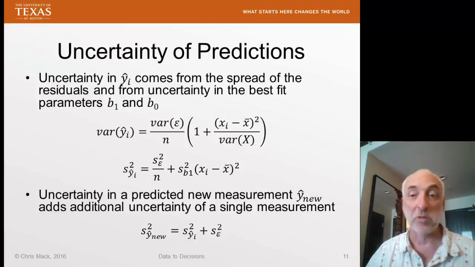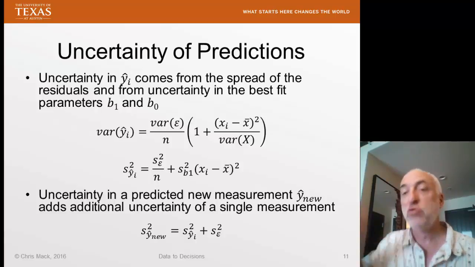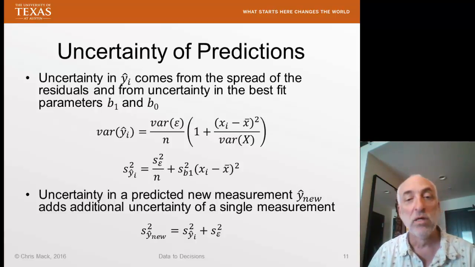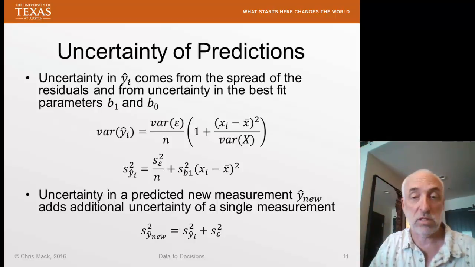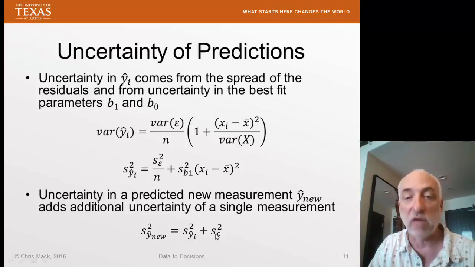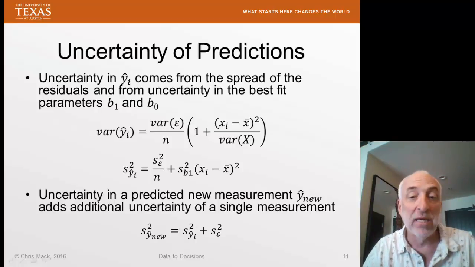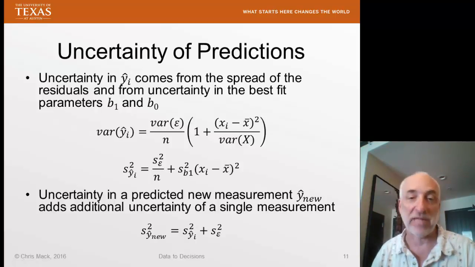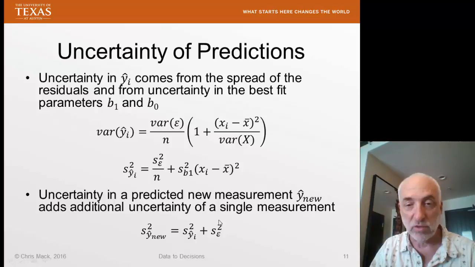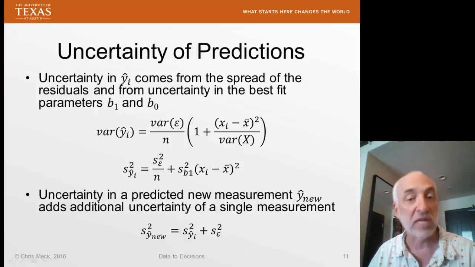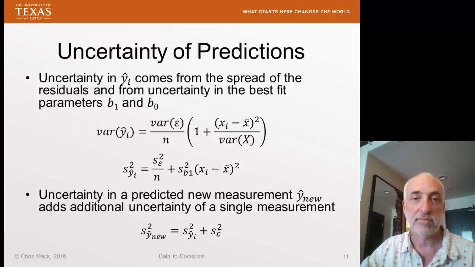But if I run the experiment only once, and I get a new data point, y hat new, that has an uncertainty associated with just the standard deviation of the residuals, just the uncertainty in y itself, being added to the uncertainty of my prediction. So I have an uncertainty in the mean, and then I have a spread about that mean. And these two things add together to be the uncertainty or the variance of a predicted single data point.